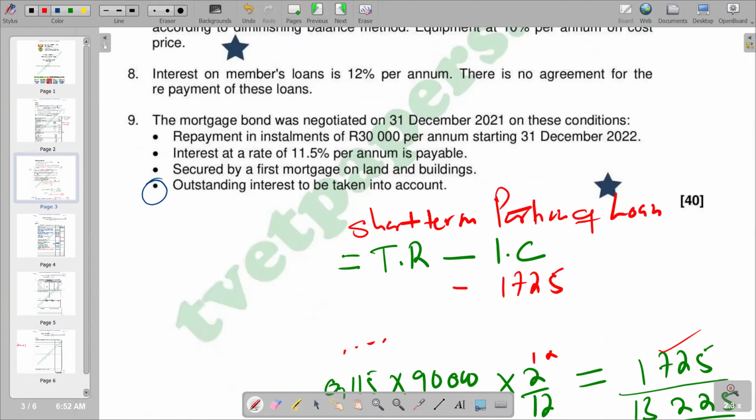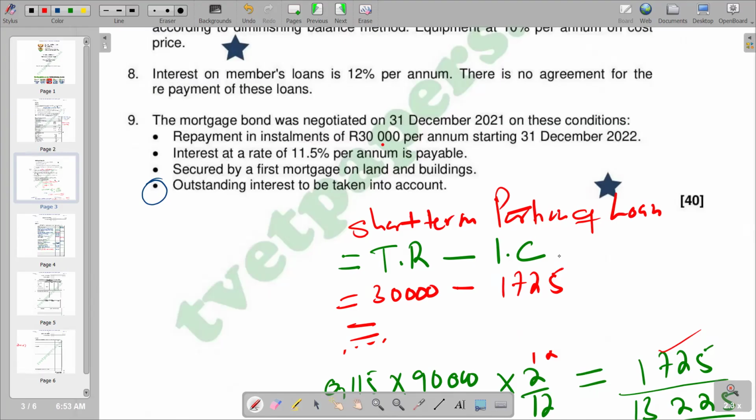Then our total repayments we are given it is 10,000 per annum. So we subtract the two. You're going to see that the figure that we are going to get for short-term portion of loan is 28,275.